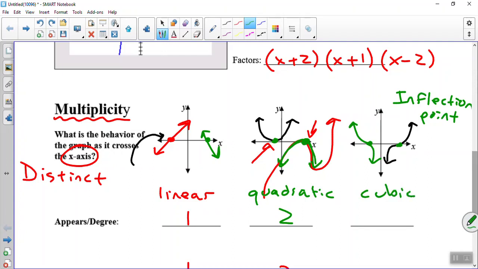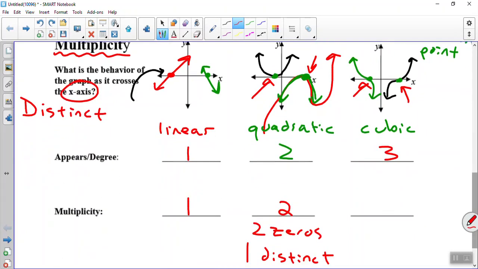Okay? Cubic is a 3rd degree. So each of these zeros appears to be a 3rd degree function, or resembles a 3rd degree function. They'll have a multiplicity of 3, meaning each of those are one distinct 0, but count as 3 total zeros.